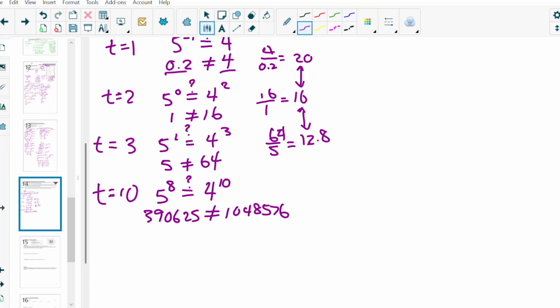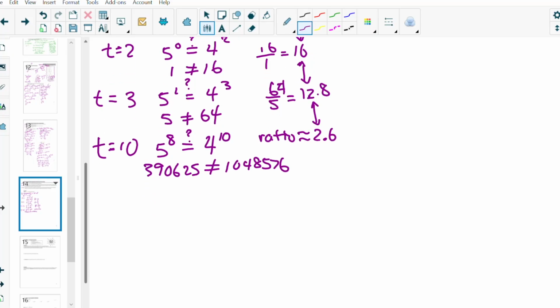The ratio of those two numbers is about 2.6. So we're definitely shrinking that ratio.